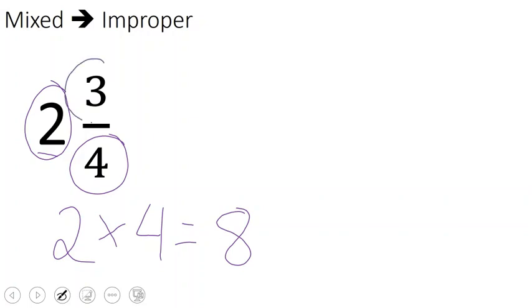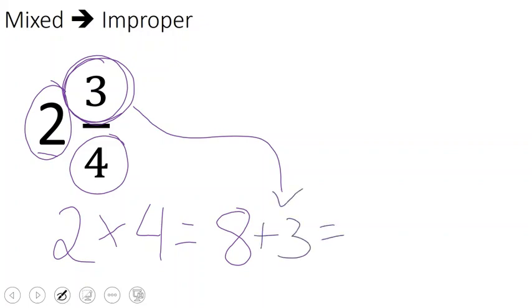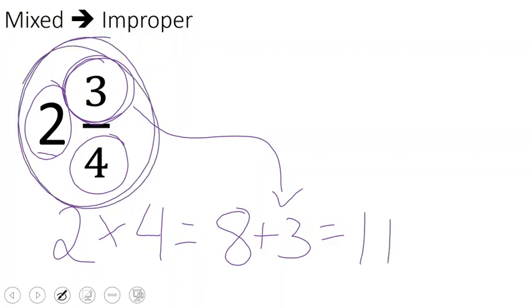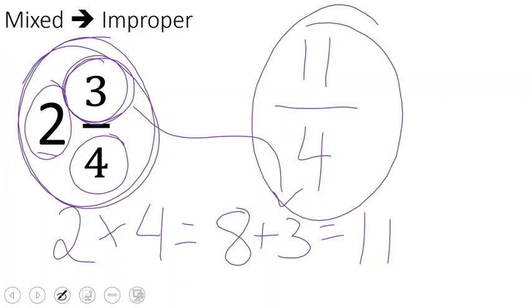Now from this numerator here, I know that I have 3 additional pieces, so I'm going to add on those 3 extra pieces to find that I have 11 pieces colored in on this mixed number. So my numerator is 11 because 11 pieces are colored in. My denominator always stays the same. So 4 pieces still make the whole, and 11 fourths is still my answer.